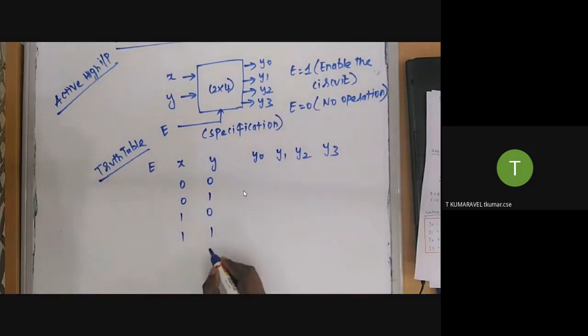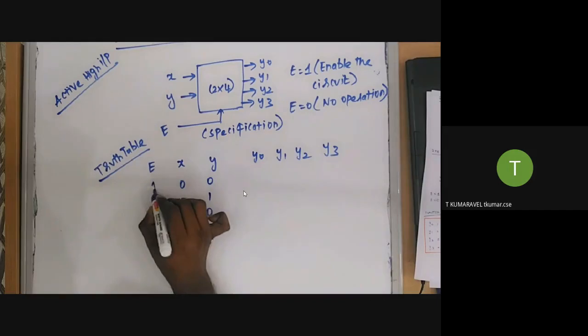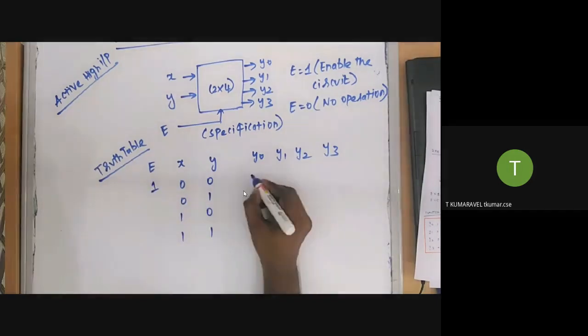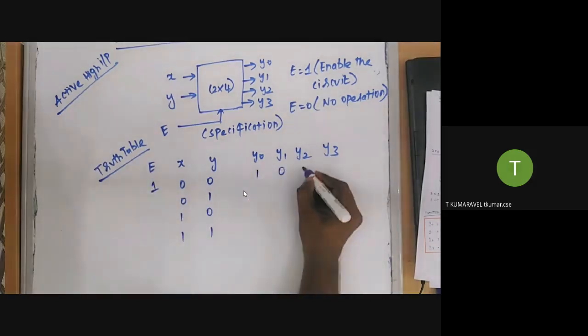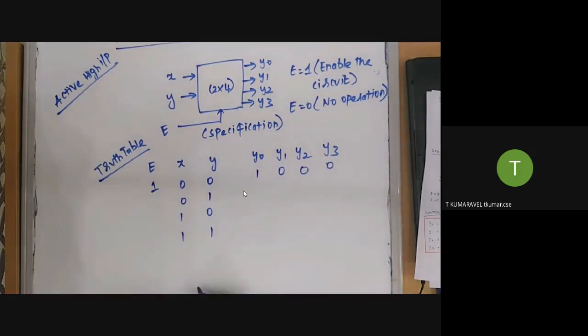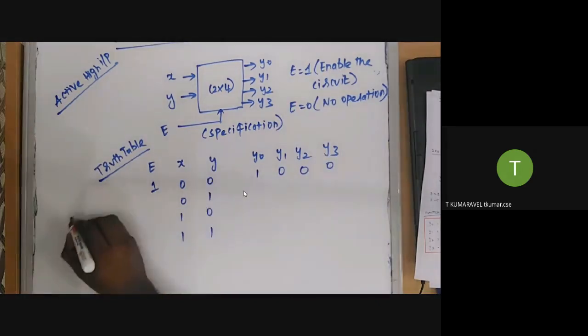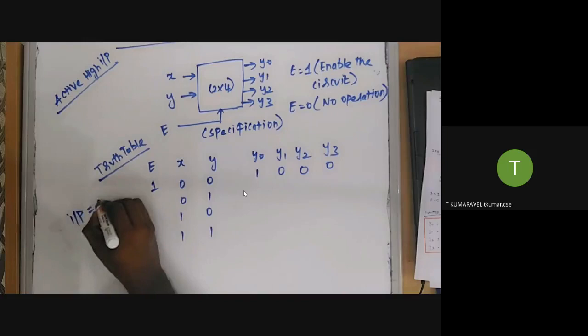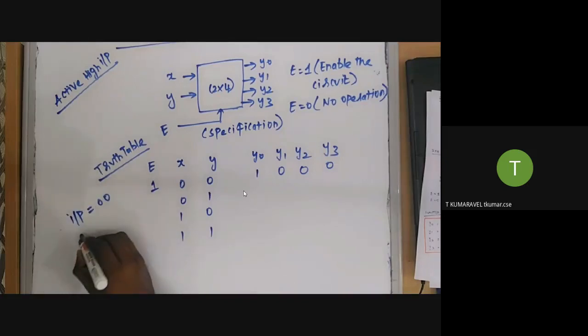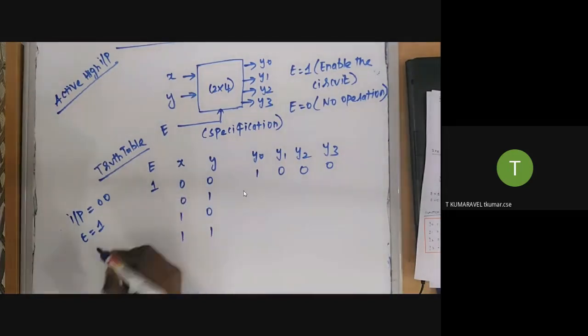Whenever the enable bit value equals 1, only then it generates the output. My input is 0 0, and E equal to 1 means I am going to turn on my decoder.